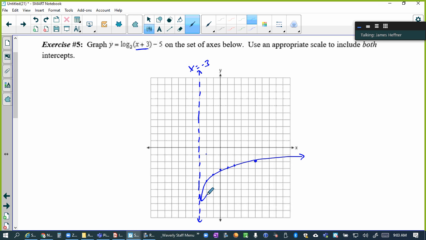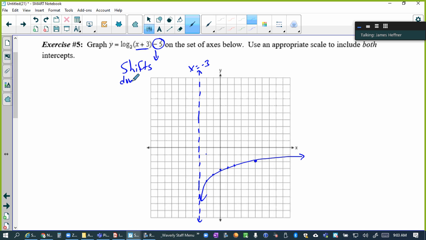But notice, what do you think this negative 5 does to the graph? It's subtracting. If you're thinking of a table of values and you subtract 5 from all the values, it shifts the graph which way? Down 5.